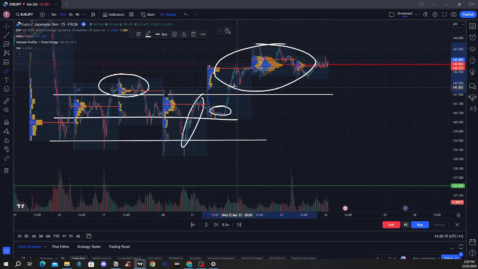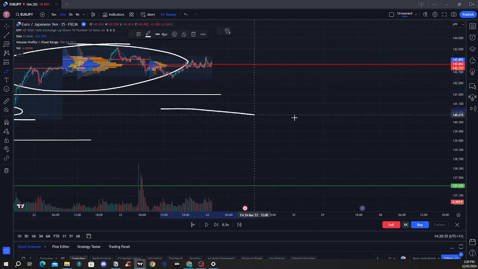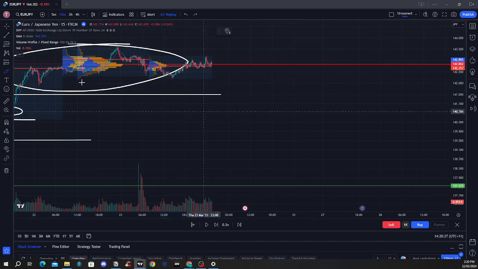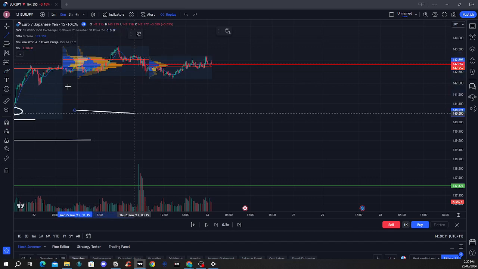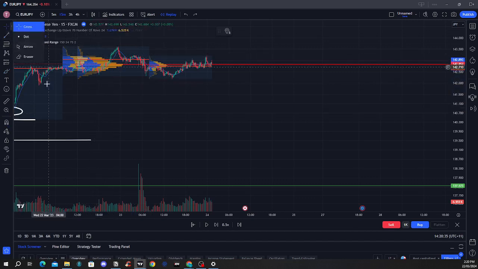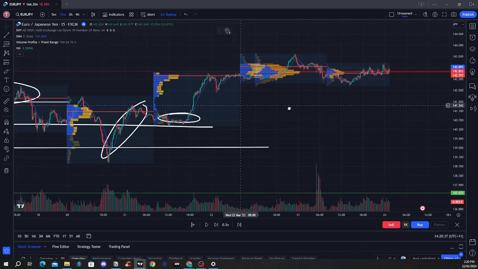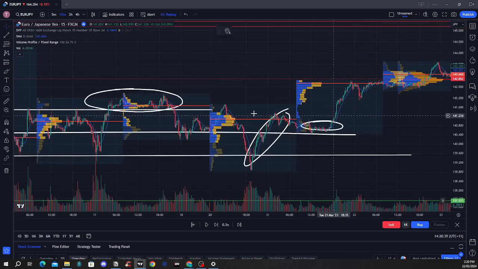It would have been possible here and completely valid to take a breakout trade. Let me just take another quick look at this. TradingView is a little bit buggy when I've got so many applications running.